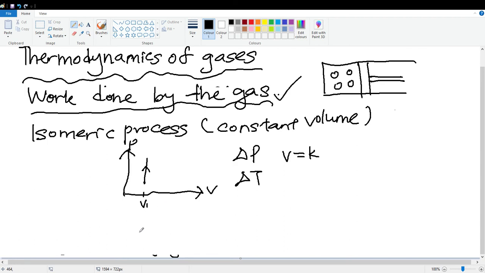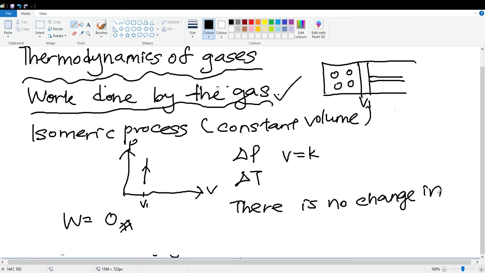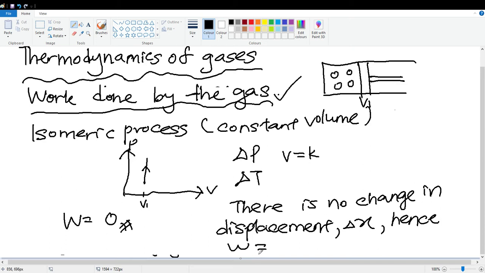So since the volume is constant, we can conclude that the work done is equal to 0. Why? This is because the wall of the piston is still at the same position. It means that there is no change in displacement, which is delta x. Hence, the work done is 0.